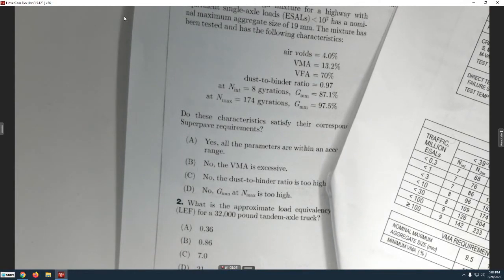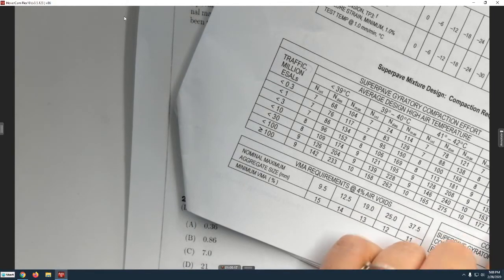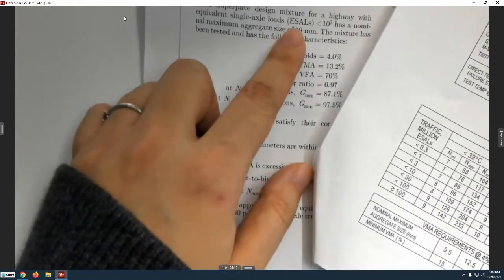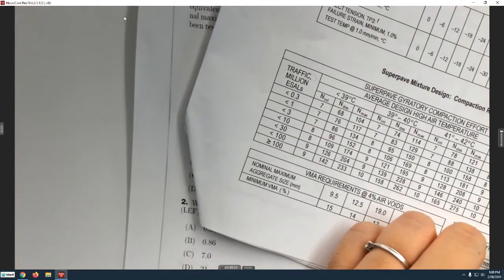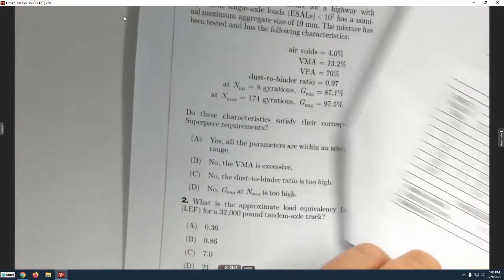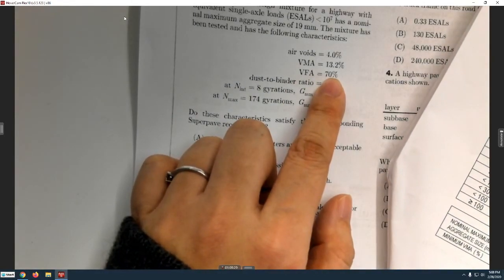Okay, and then you check the VFA. Similarly here, for VFA you check traffic. Traffic is less than 10 million, so it's between 65 to 75. Okay, so this is also in the range.